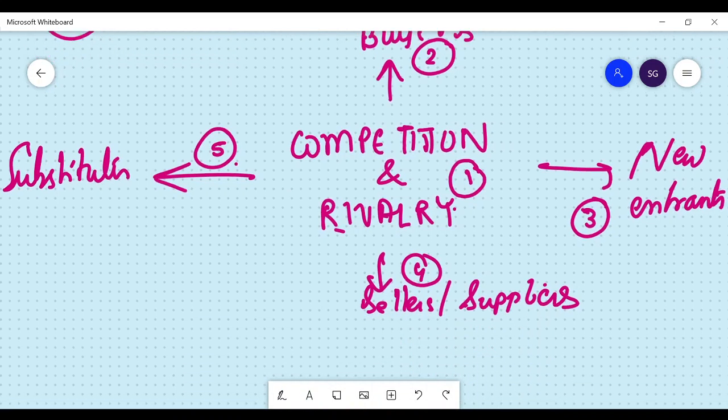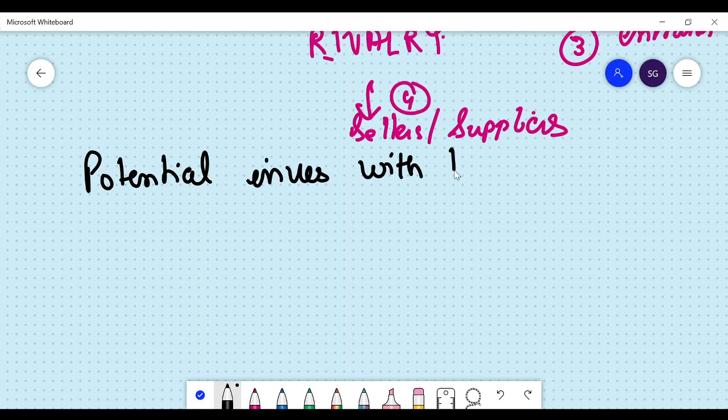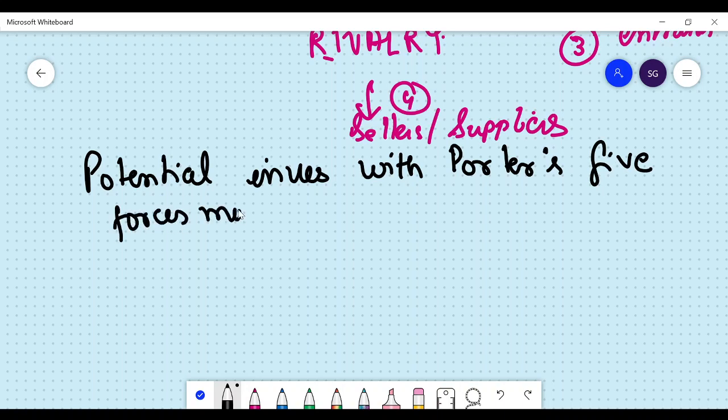The next important topic here is potential issues with Porter's 5 forces model.